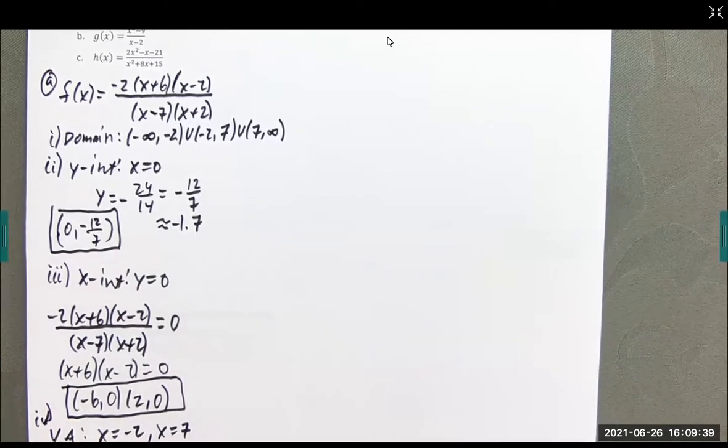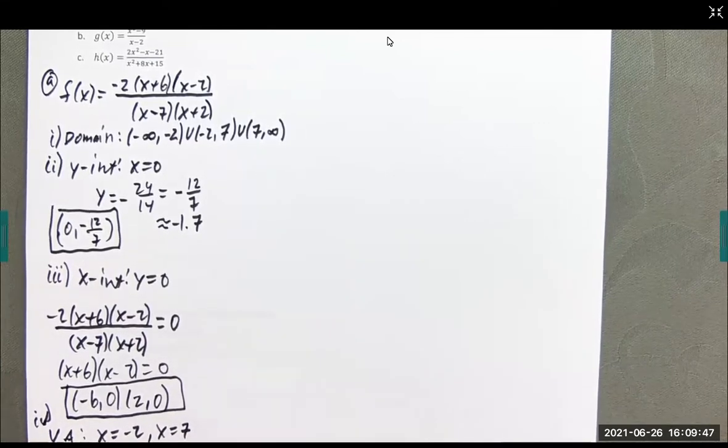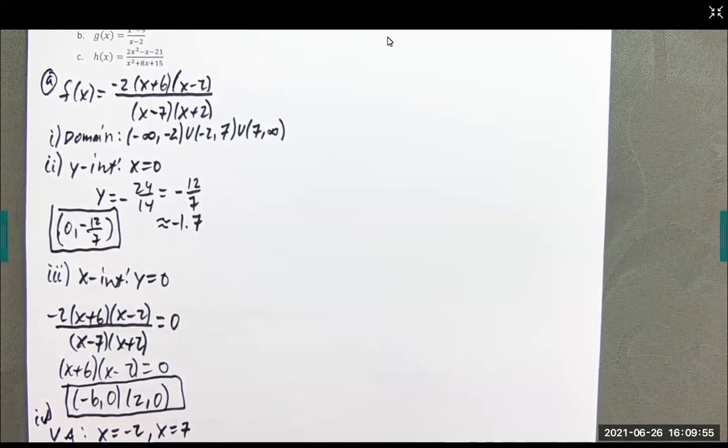And for x, we have negative 6. So put that here. Negative 6, we are crossing the x-axis. And at 2.